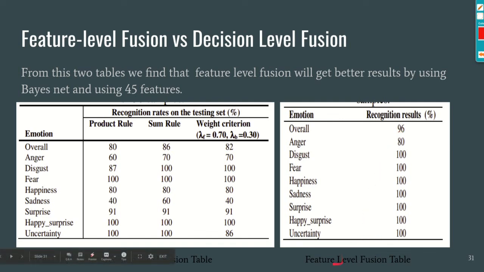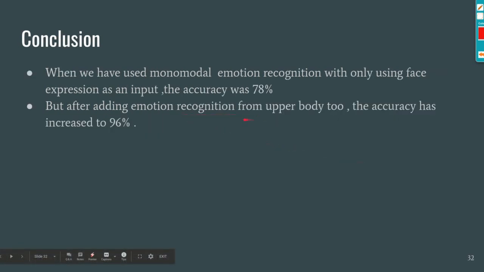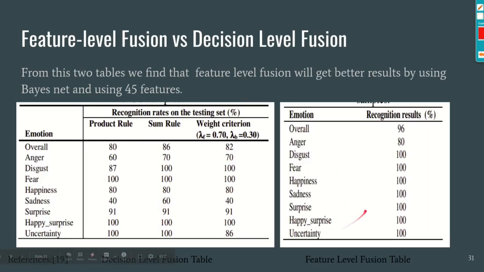From this we can conclude that when we used monomodal emotion recognition with only face expression, we got an accuracy of 78%, but after adding emotion recognition from the upper body too, the accuracy increased to 96%, which we have here.